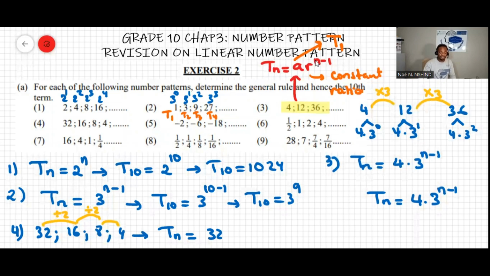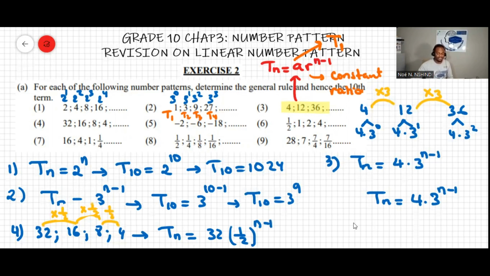The constant ratio is a half, so divide by 2 means times by a half. If you times 32 by half, it's 16. 16 times by half, it's 8. 8 times by half, it's 4. So we're going to say a half to the power of n minus 1.